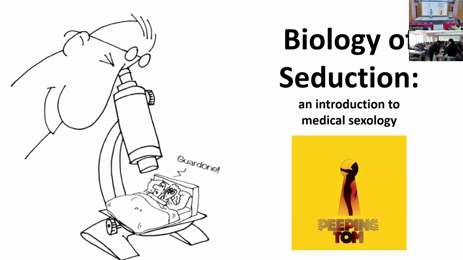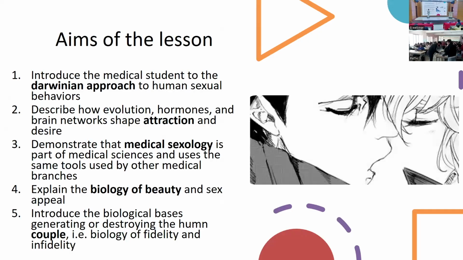Okay, so the aim of the lessons will be to introduce to the medical students and to the psychology students also the Darwinian approach, the idea that we are here because of an evolution, because we evolved according to the Darwinian ideas.